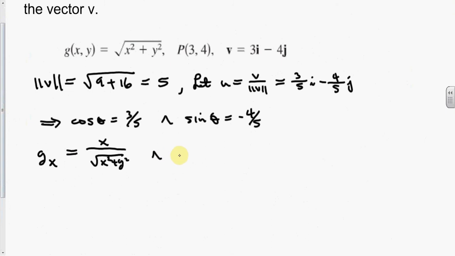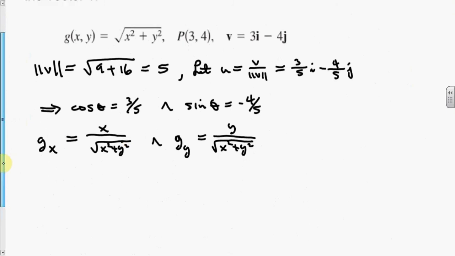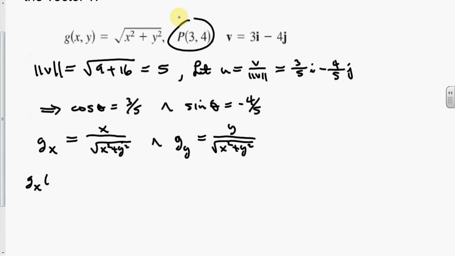And since x and y are symmetric, the partial of g with respect to y has the same form. This is y all over the square root of x squared plus y squared. Brother Donnie, are you with me? Okay, good. So now we find the partials at the point P, always at P.